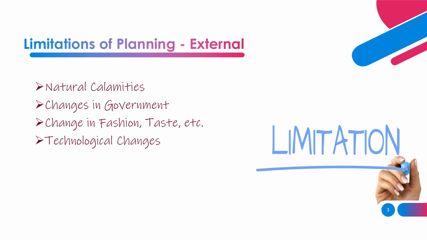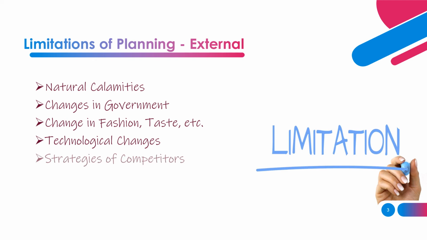Technological changes. Rapid technological changes reduce the effectiveness of planning. For example, if some company has planned to bring in 1000 new models of landline phones, but it all crashed when the market suddenly shifted to using mobiles. So these are technological changes.